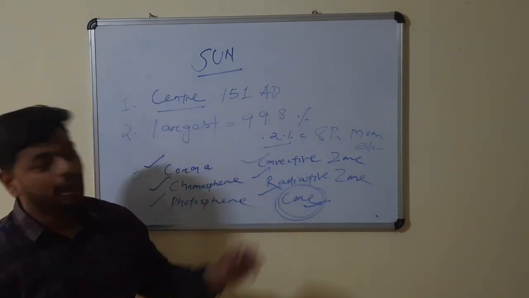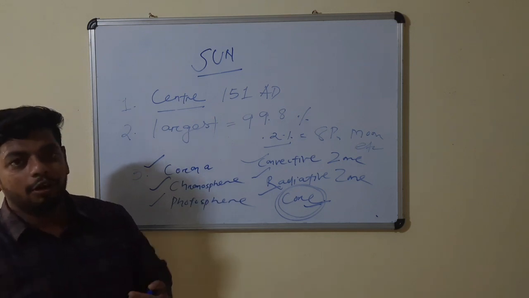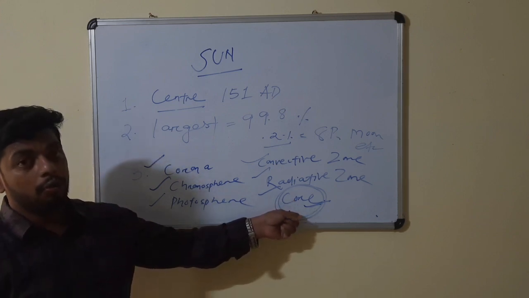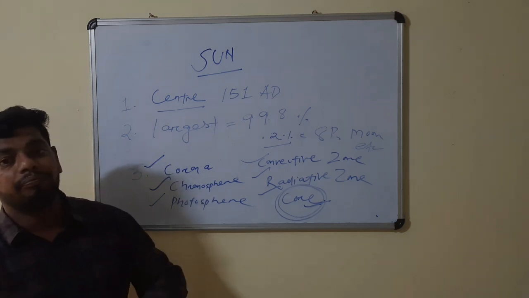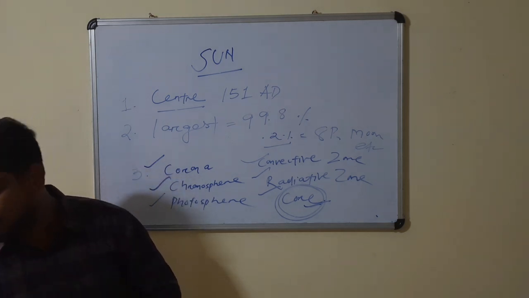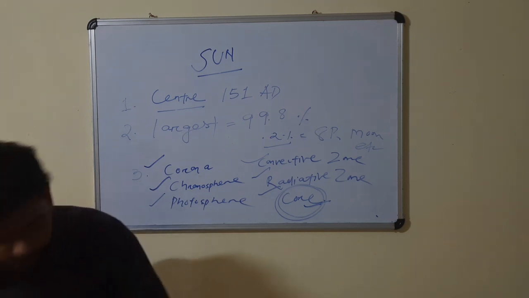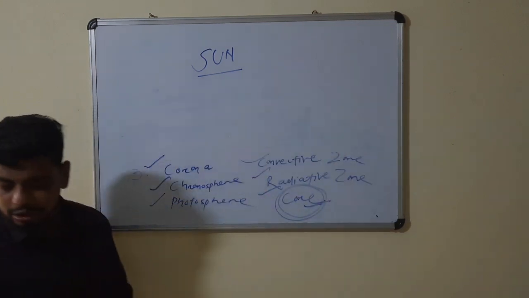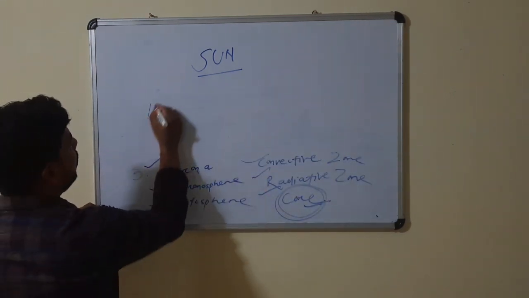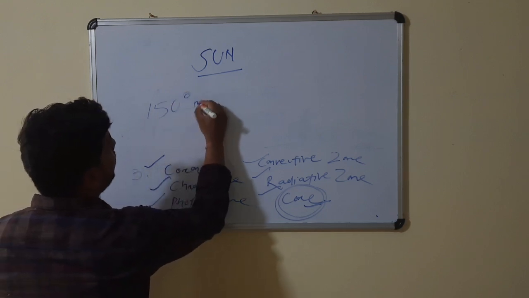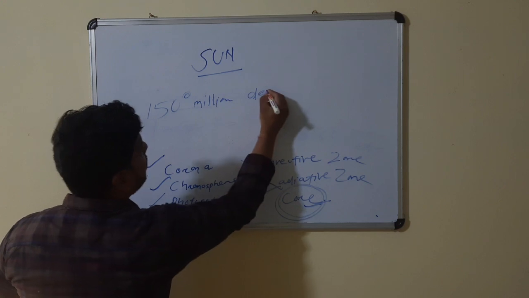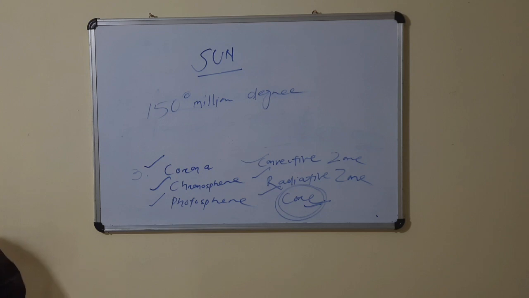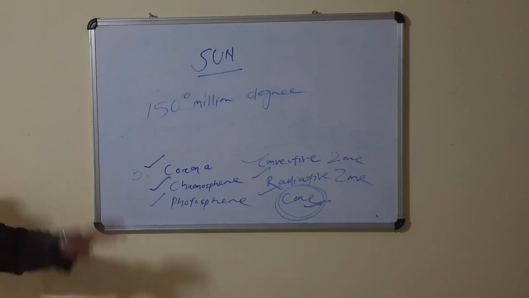We cannot bear around 40 degrees Celsius, but in the core of the sun the temperature is 15 million degrees Celsius.